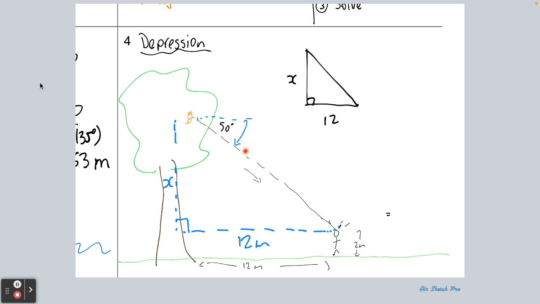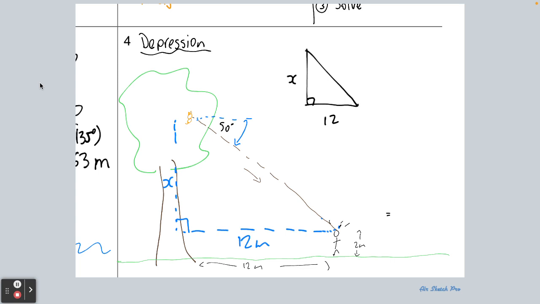So that means we've got this Z here, and from grade 8 and grade 9 geometry, you might remember that when we have two parallel lines with a transversal line between them, then this angle here will be the same as this angle here. To put it another way, in the context of the problem, if Tom looks up at Joe, the angle of elevation will also be 50 degrees. So the angle of depression is the same as the angle of elevation. So you can always match them up.